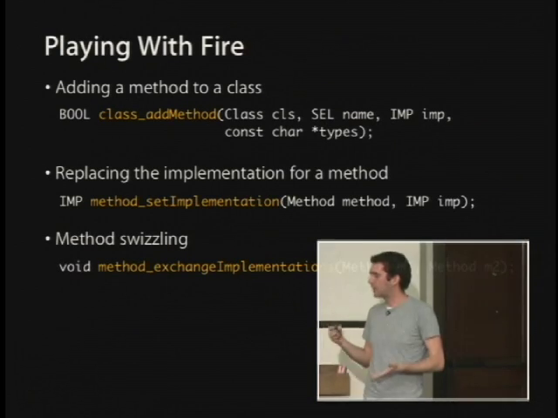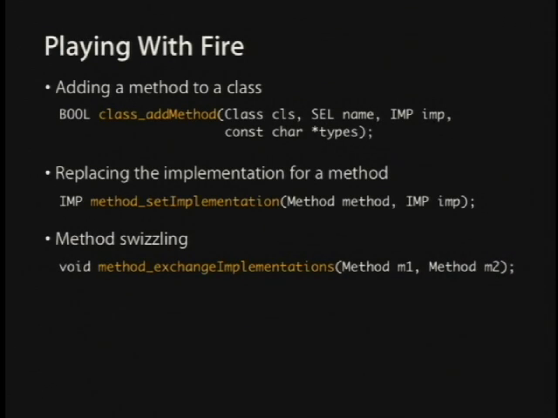And a common thing to do, for some definition of common, as far as these uncommon things go, is to swizzle the implementation of two methods. So if you have two methods defined on your class, you can swap the imps for each of them so that calling one actually executes the other and vice versa. In that case, we can call method exchange implementations given two methods, and it'll swap their imps.